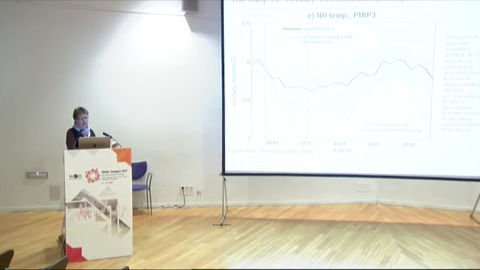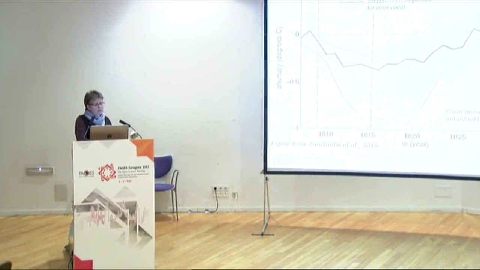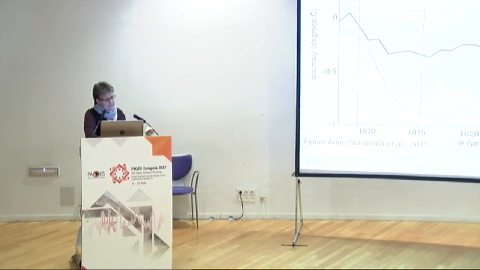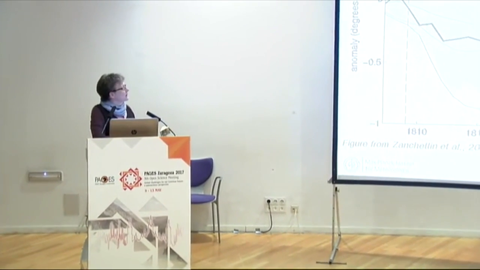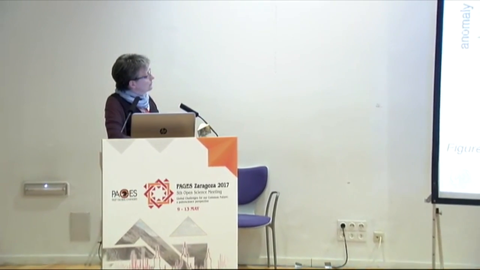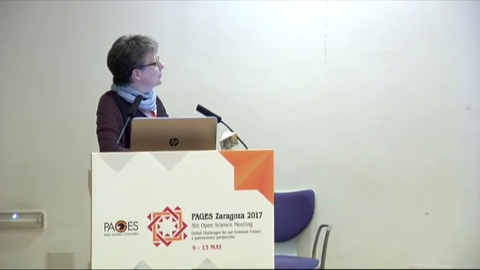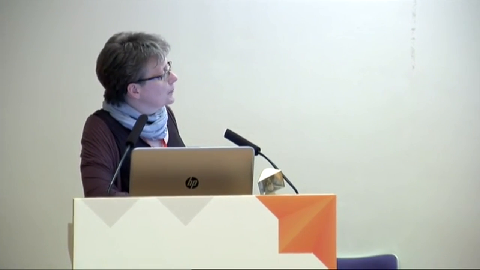This shows the northern hemisphere temperature response with PMIP3 models compared to reconstruction, and it should highlight a little bit that there is a large uncertainty range for the early 19th century, not only with respect to the reconstruction, where there are a lot of improvements, I heard yesterday, but also with respect to all the climate models or PMIP3 models who take part in this.